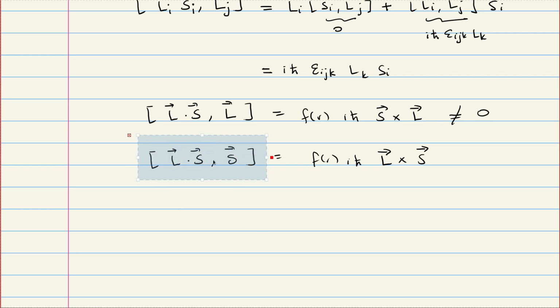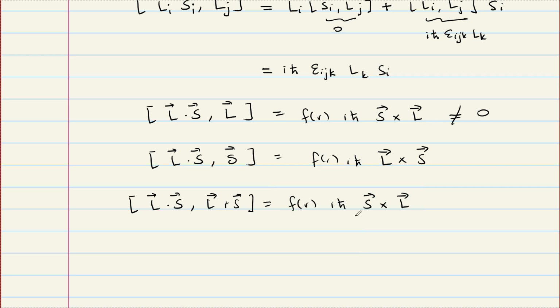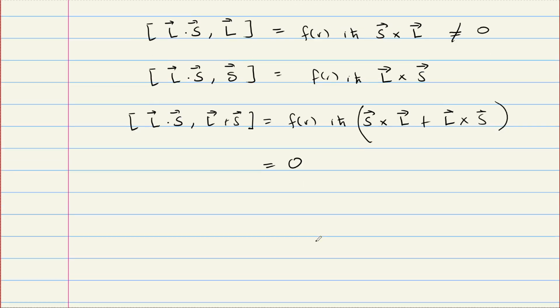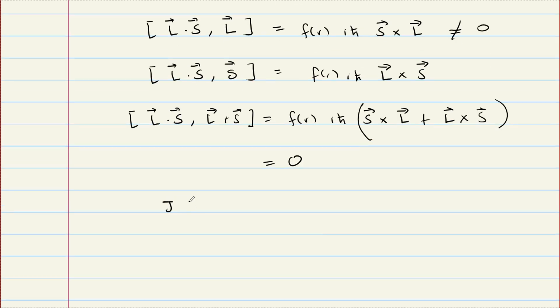So not only S or L, if I take L plus S, this is going to be this thing plus this. And what is that? 0, because A cross B is equal to minus B cross A. Therefore, this J is a good quantity for our basis. That means if J commutes, J_z also commutes.